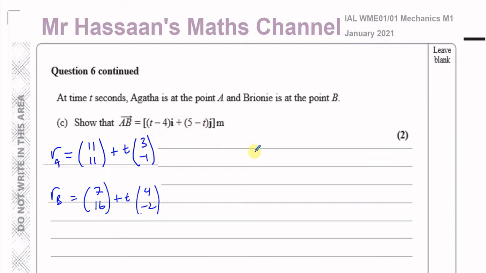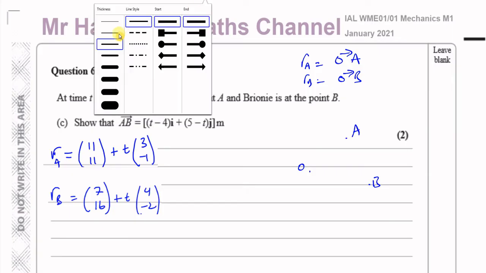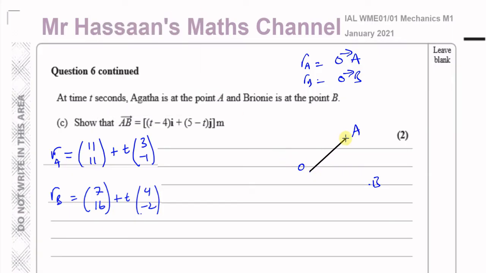So what we're going to do here is think about how to deal with this. This RA means the vector from O to A, the position vector of A. And RB means the position vector of B from O to B. So just imagine this is O, and say this is A, and this is B. We have the vector from O to A, and we have the vector from O to B. We know how to get from O to A and O to B at any time T. That's RA and that's RB.